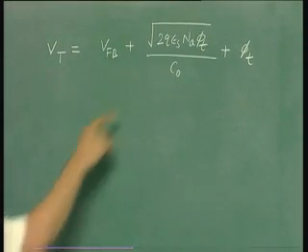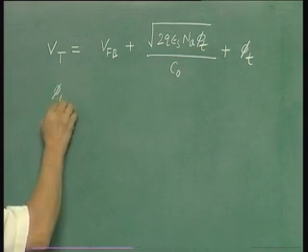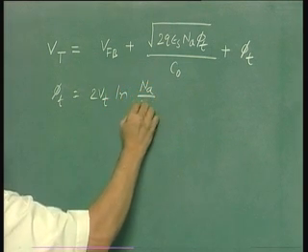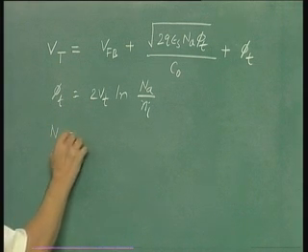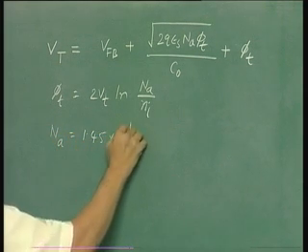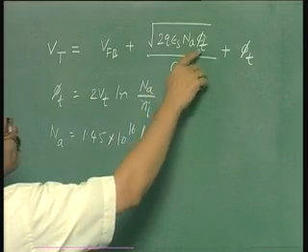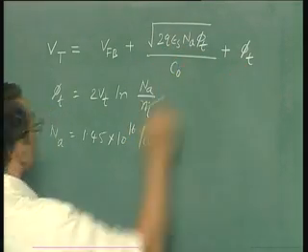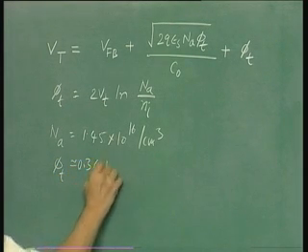Now we are given the value of the doping level. From here we can also get phi t, because phi t is equal to 2 Vt ln Na by Ni. Now for Na equal to 1.45 into 10 power 16 per centimeter cube, we have already done the calculation of this quantity and this quantity. So we have obtained phi t to be about 0.36 volts.